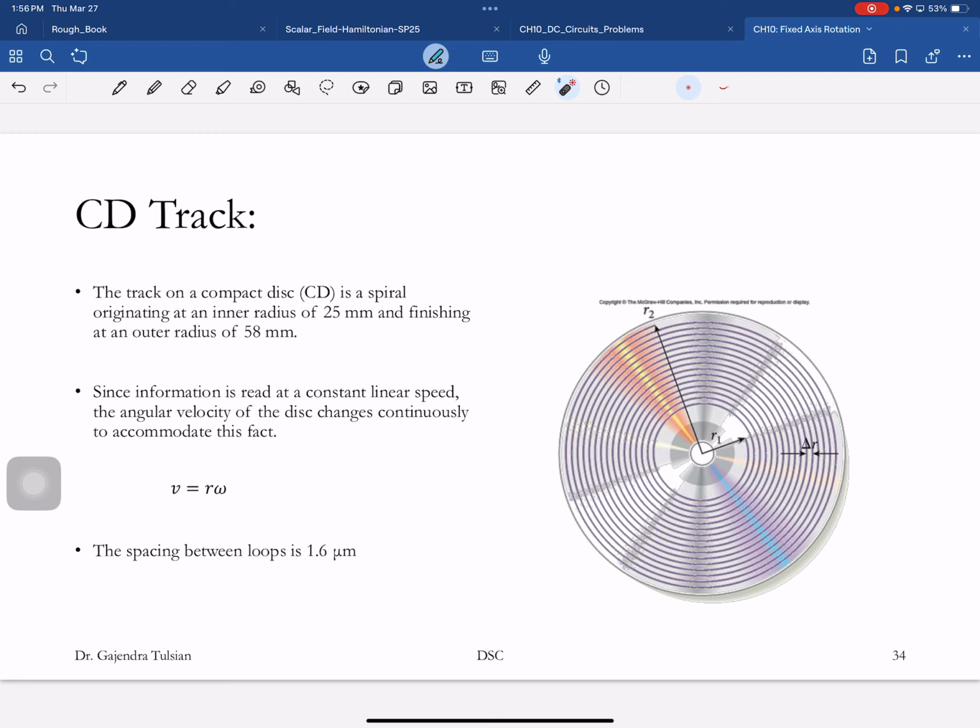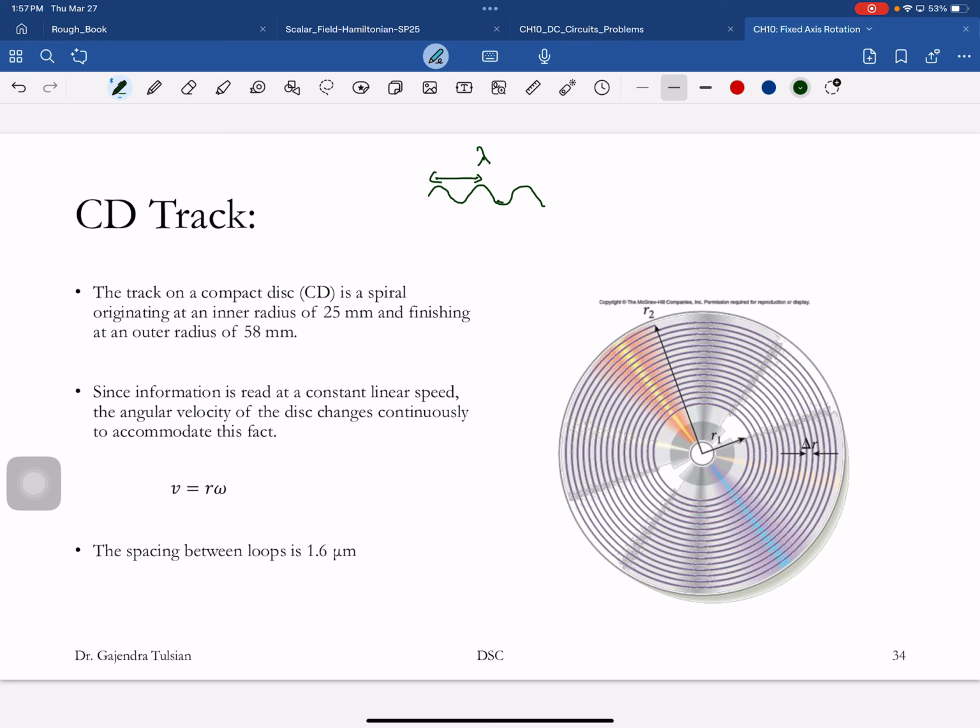Now, here's a very important fact you'll learn. You're reading it using a laser, and laser is light, and this is the wavelength of light. The wavelength of light is denoted by lambda.